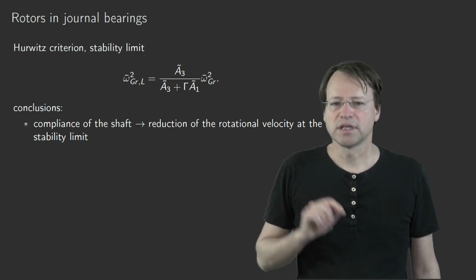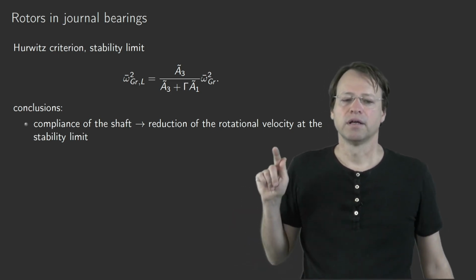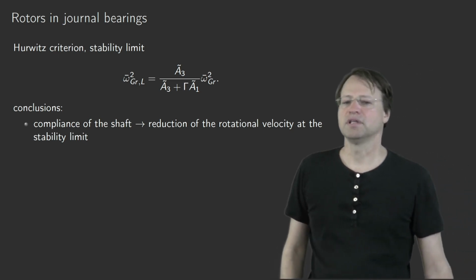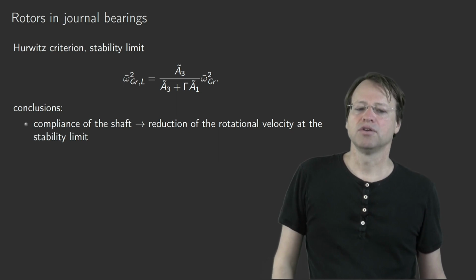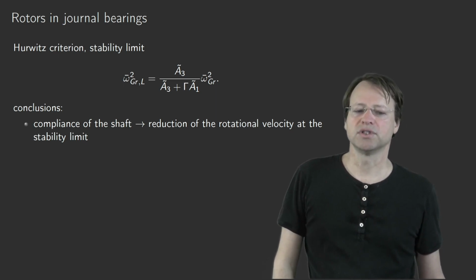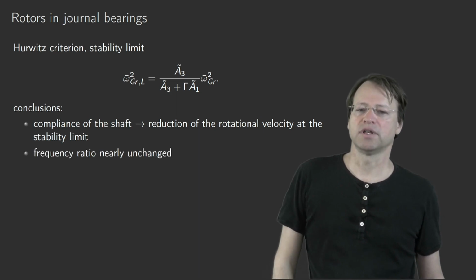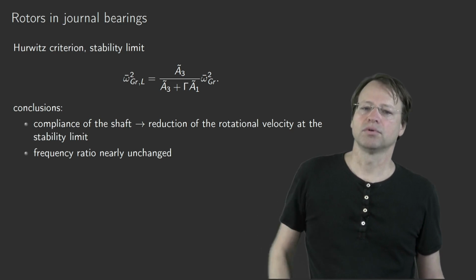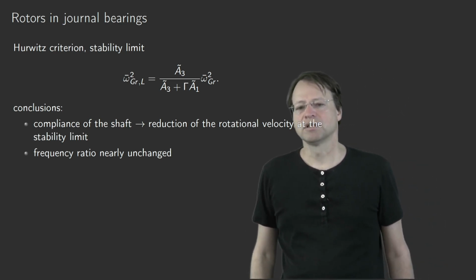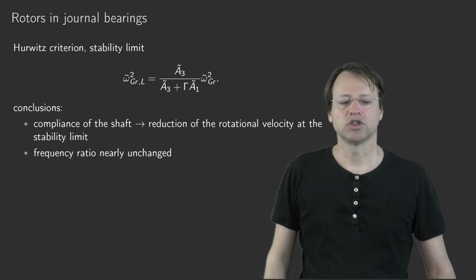There is another result I'm not going to show here: if you look at the natural frequency of these undamped oscillations at the stability limit, you will find that the frequency ratio is nearly unchanged by this additional flexibility. So it applies to the stability limit, but it has nearly no effect on the frequency ratio.